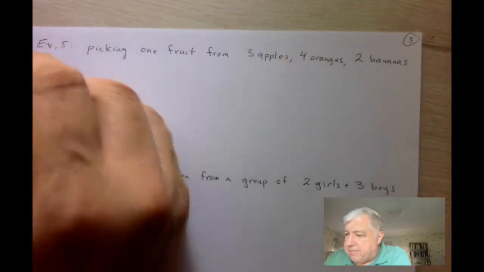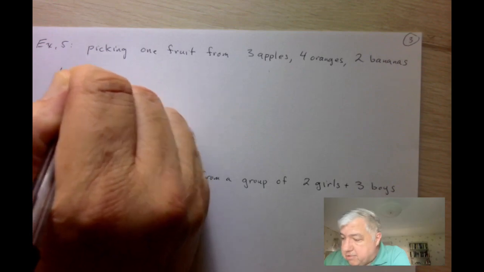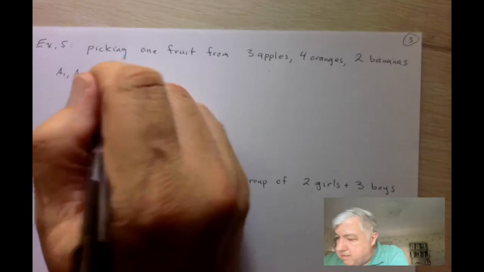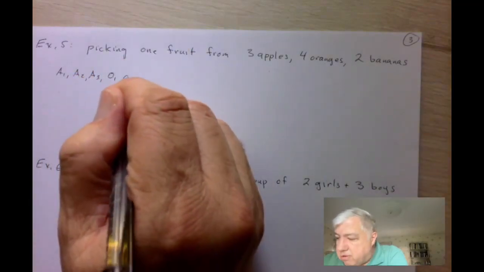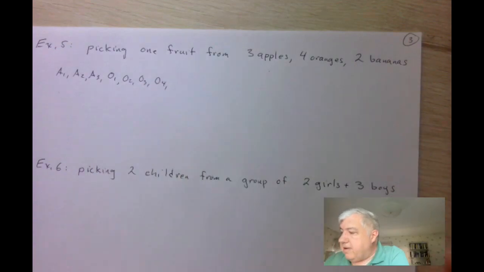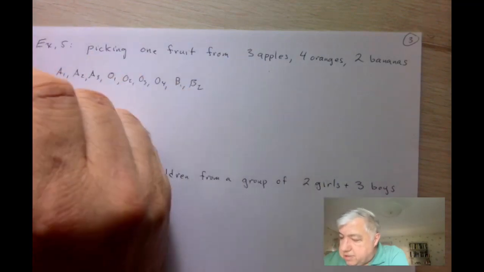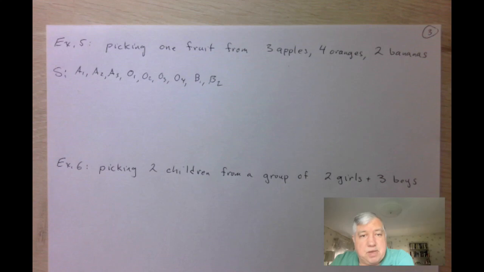So let's say the apples are A1, A2, A3, call this apple 1, apple 2, apple 3, and then O1 will be orange 1, orange 2, orange 3, orange 4, and then banana 1 and banana 2. So this would be the sample space of picking one fruit.